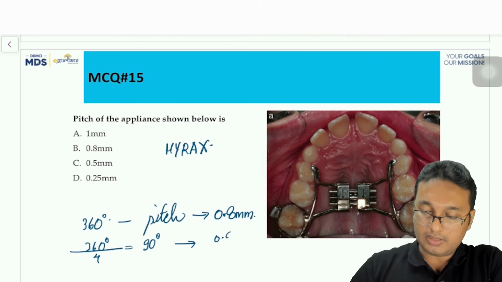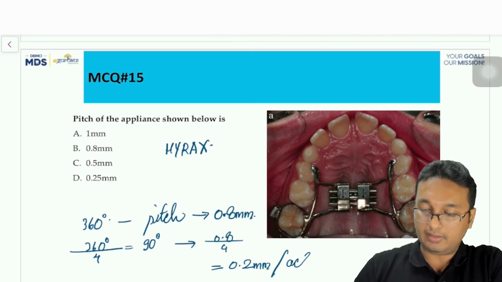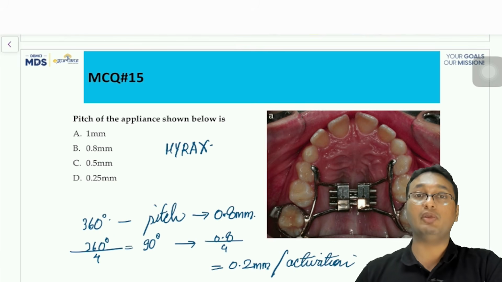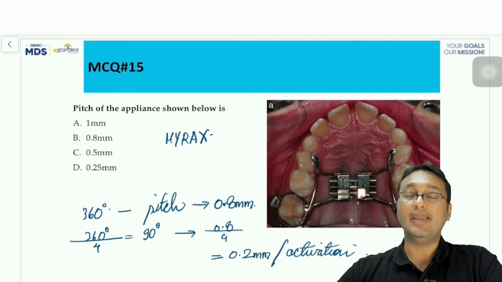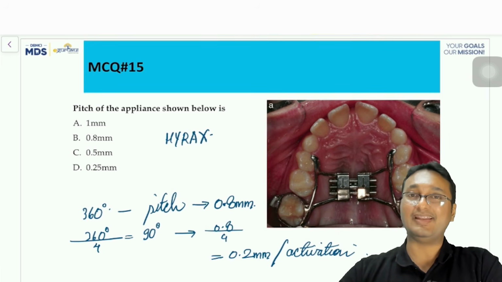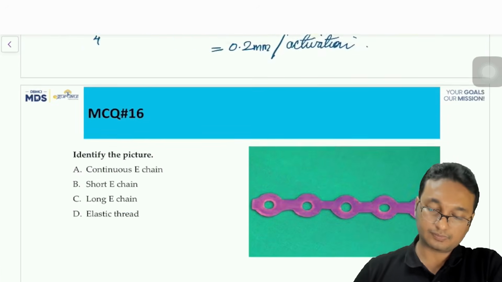So 0.8 divided by 4 is 0.2 millimeter per activation. This is the amount of activation you are actually doing clinically upon rotating the screw by a quarter turn, by 90 degrees. All right.